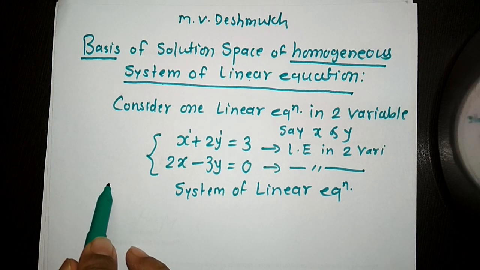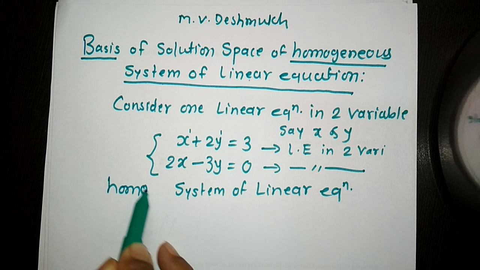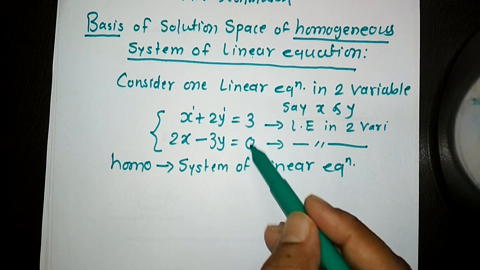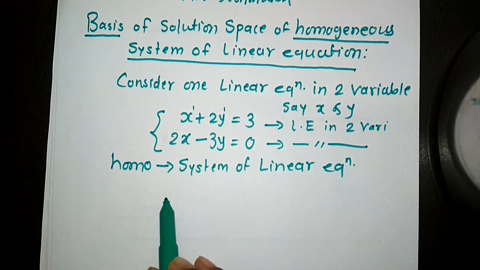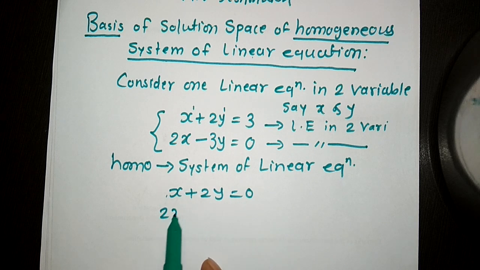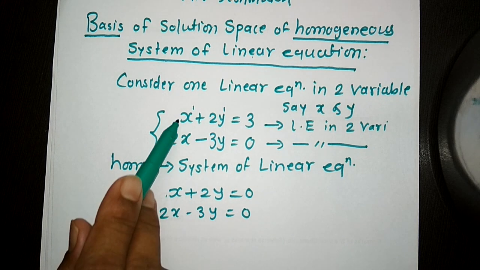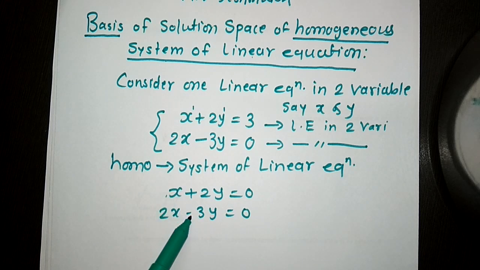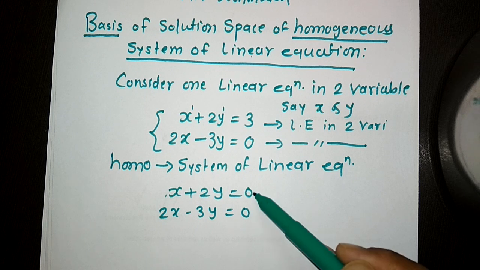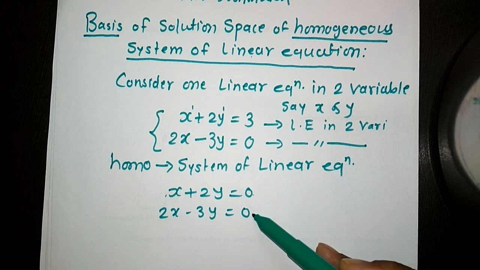So how can we write a homogeneous system of linear equations? Only the right side constants should be 0. For example, if you write x plus 2y is equal to 0 here, and 2x minus 3y is equal to 0, we observe that the left sides of both equations are the same, but the right sides are now 0, 0.